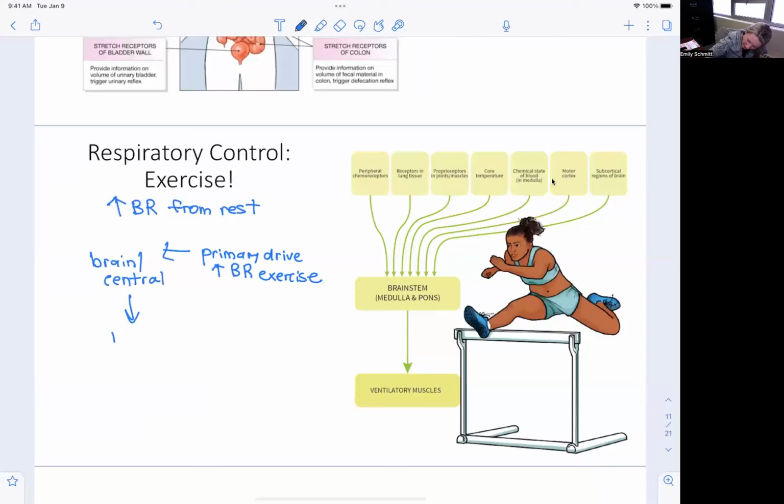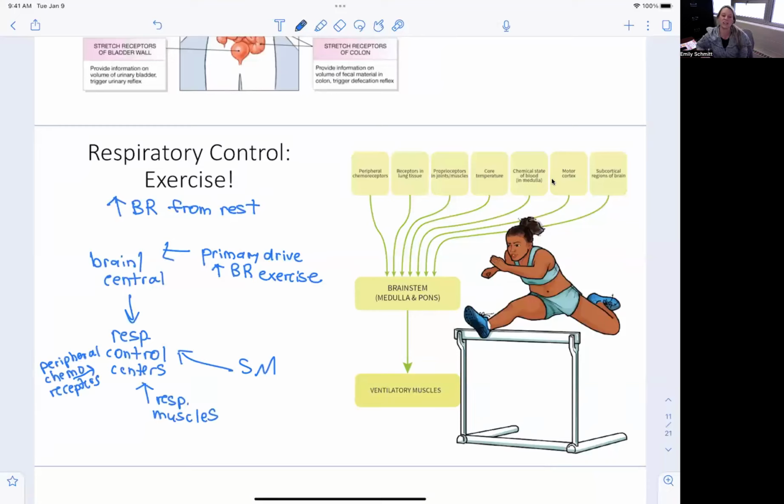We also have these respiratory control centers in the skeletal muscle. We also have peripheral chemoreceptors, as well as our respiratory muscles.